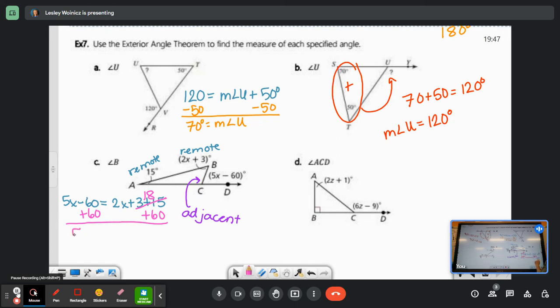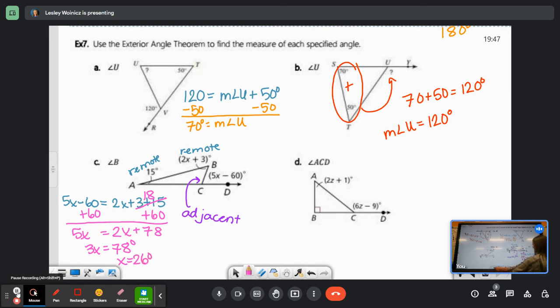I got 5x equals 2x plus 78. Subtract 2x from both sides. We got 3x equals 78. I think that goes in evenly, but I have no idea how many times. 78 divided by 3, 26. X is 26.